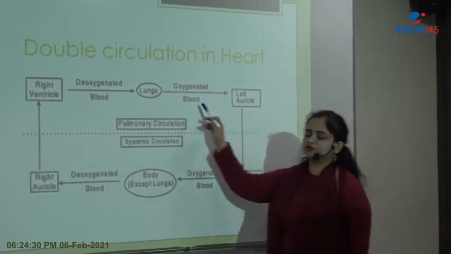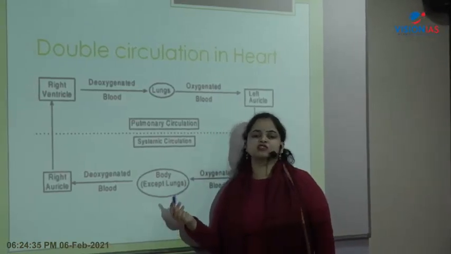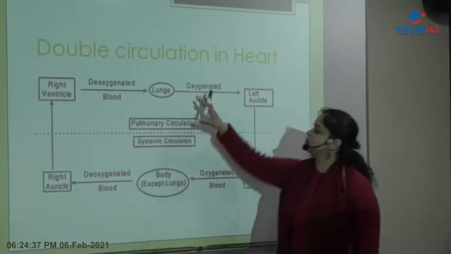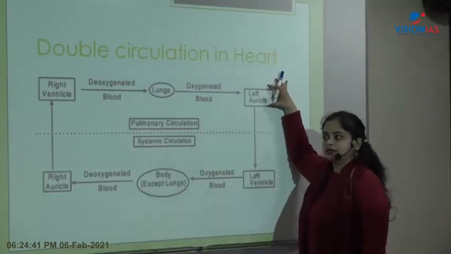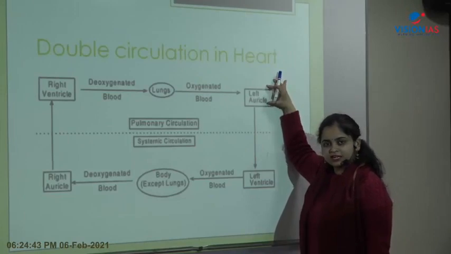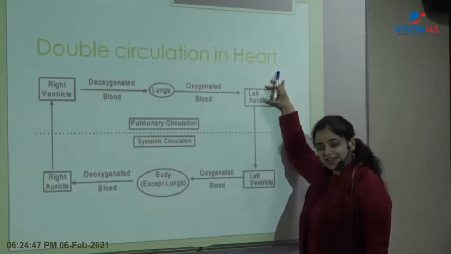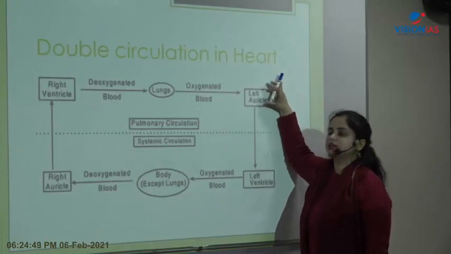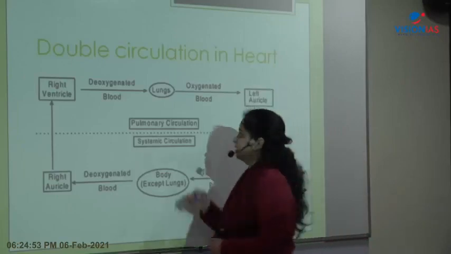What is the kind of blood? Oxygenated blood, because lungs are bringing us oxygen. Now, this blood vessel, which is bringing blood to the heart, right? It is going to be a vein. Veins bring blood to the heart. So this is going to be done by a vein.